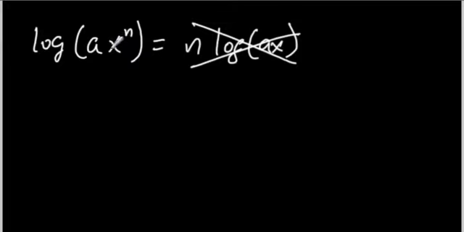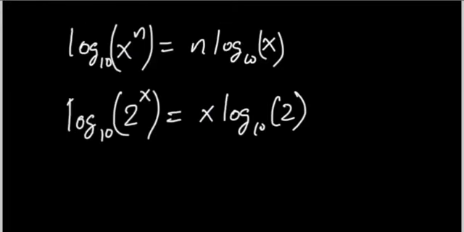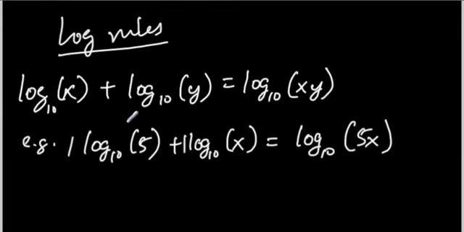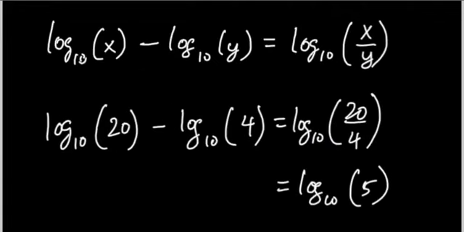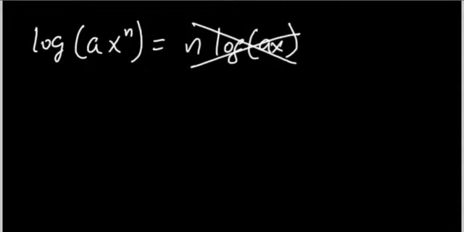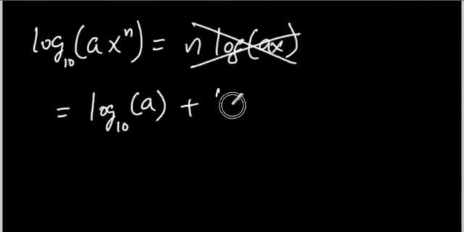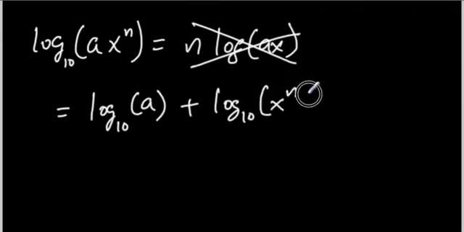So what you must do is first split these two apart. Because these are multiplied, kind of like if we go back to the addition where these two were being added, we have to go in reverse. So if these are being multiplied, we have to go in reverse and split them first and then bring the n down. So what we'd have to do here is first do log base 10 of a plus log base 10 of x to the power of n.